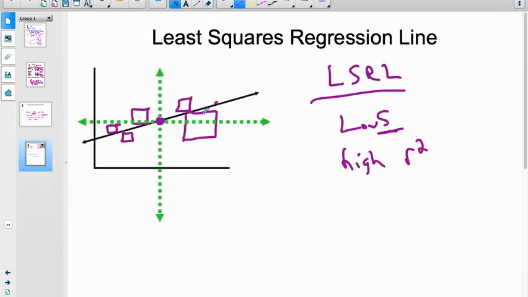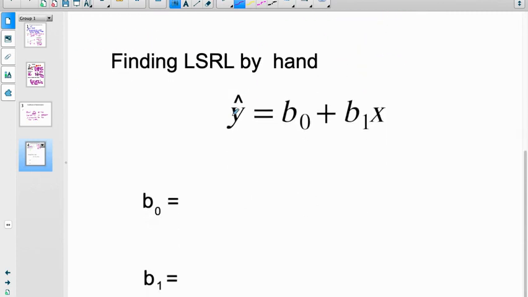Normally we'll find the least squares regression line just using our calculator. If you ever need to find it by hand, the y-intercept and the slope are represented on your formula packet for the AP exam using these two.